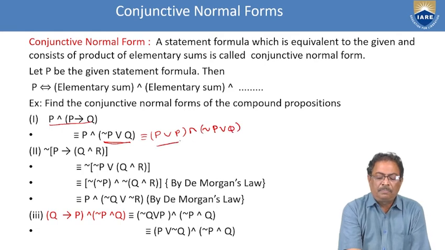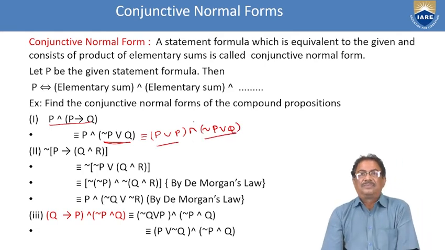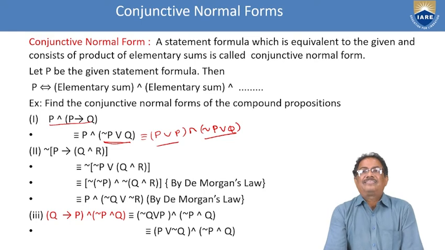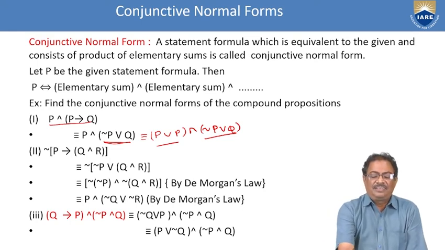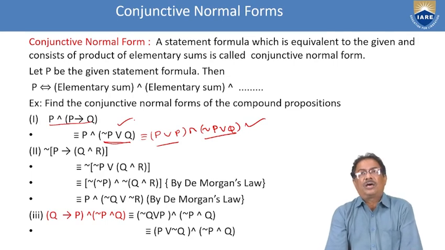So this is nothing but a product of sums, a product of elementary sums. Instead of writing it this way, we can simply say this is also in conjunctive normal form.